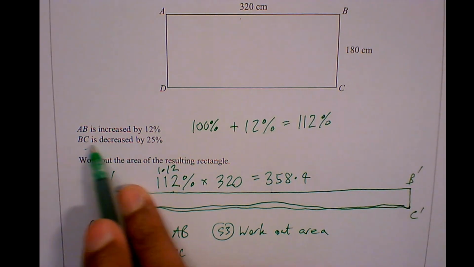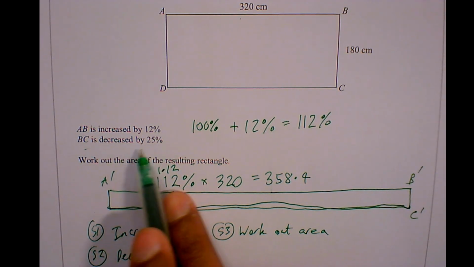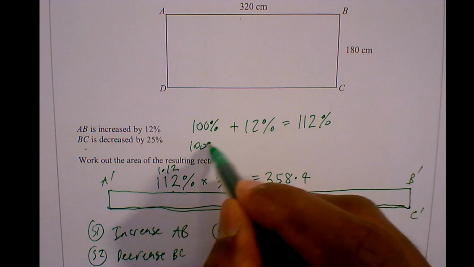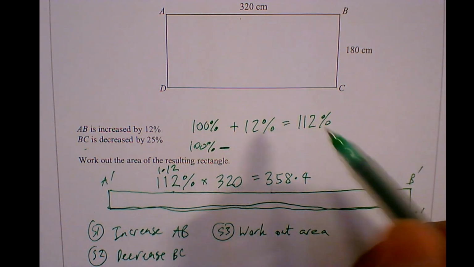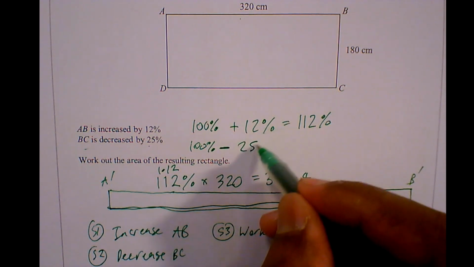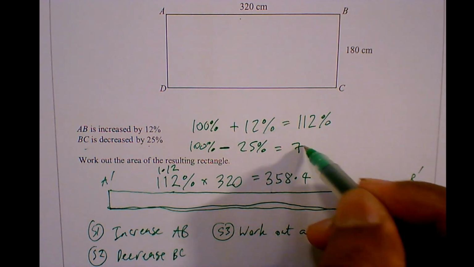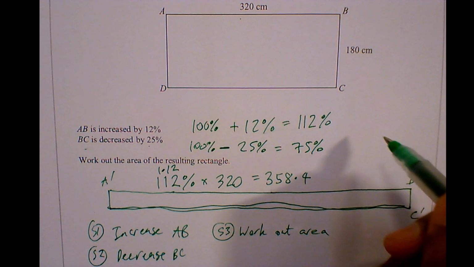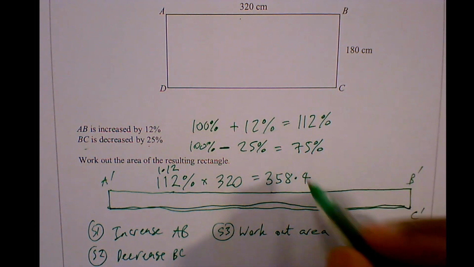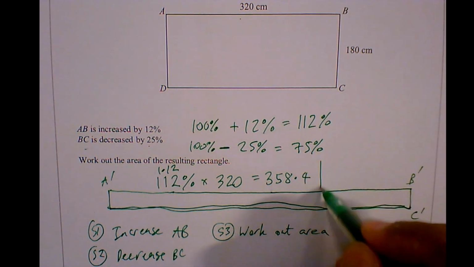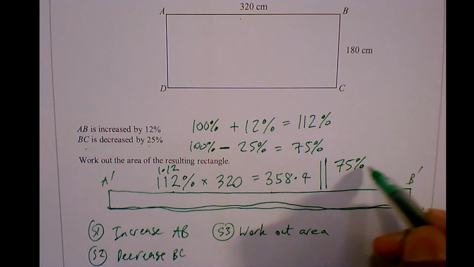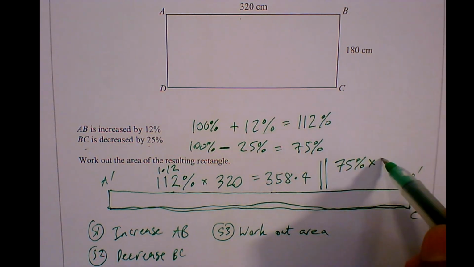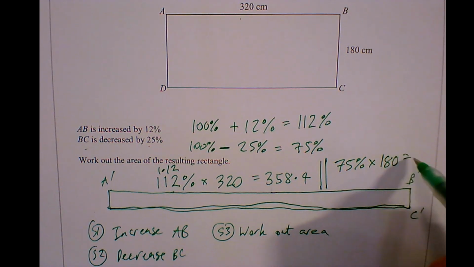Now, the next bit, BC is decreased by 25%. So I always start off with 100%. Because it's decreased, I subtract 25%. That gives me 75%. So now for BC, I'm going to do 75% times 180.